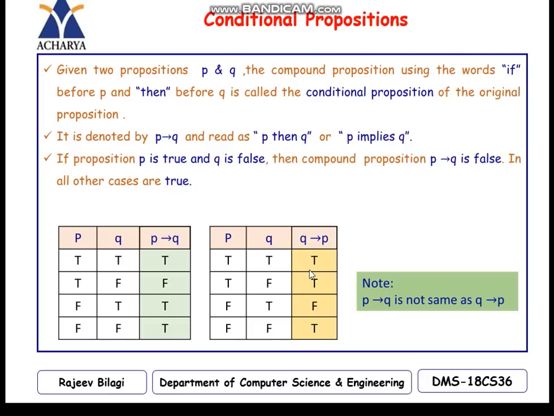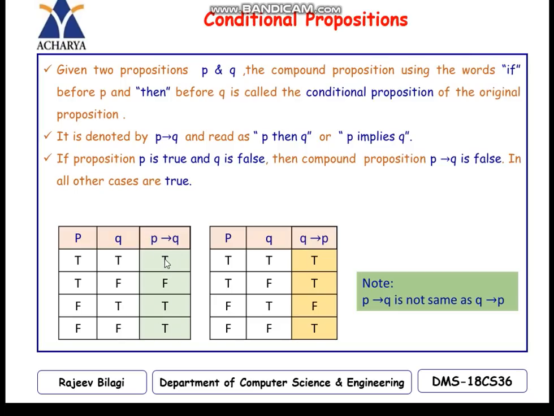At the same time, if I write Q then P, first I will consider T, then it is T, and in the third row it is F, because the first one is true and then the next is false, so the resultant compound proposition will be F. In all other cases it will be T, T, T. When you compare P then Q and Q then P, you get different truth values.